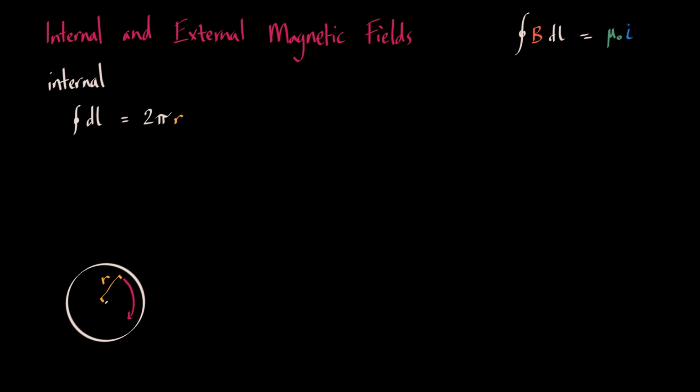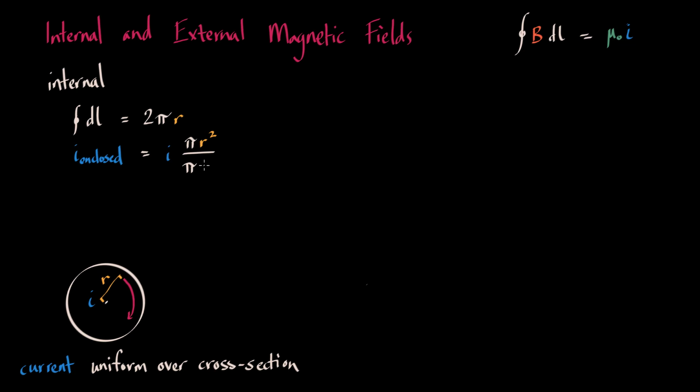Before we write our equation for the current within this area, we assert that the current is distributed uniformly across the entire cross-section of the wire. Therefore, our enclosed current is I multiplied by pi small r squared over pi times big R squared, where big R is the radius of the wire. Substituting, we find our overall equation for the magnetic field B.